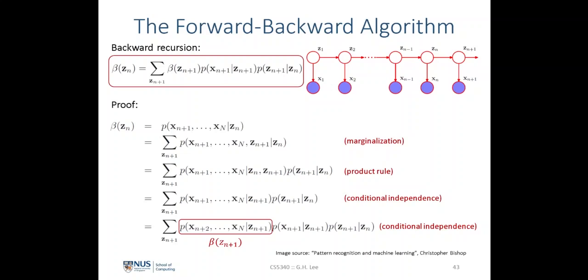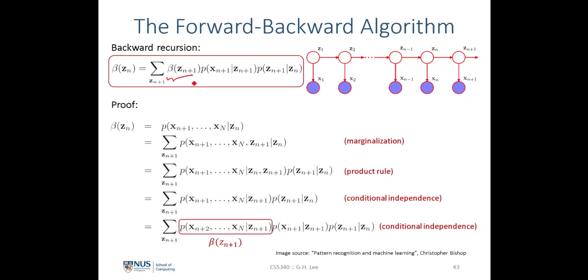We'll now look at the backward recursion, which will enable us to compute the probability distribution of beta zn, and this is given by the recursion term over here, where we can see that it makes use of beta zn plus 1.